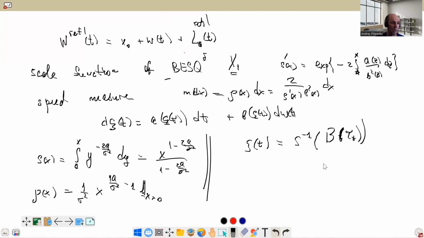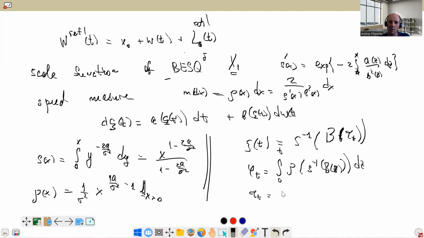And what is tau of t? You consider the following additive functional, the integral from 0 to t of rho of s minus first of Brownian motion of z dz, and then take its inverse.